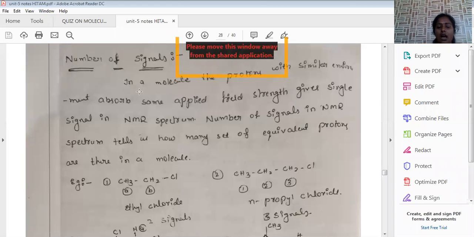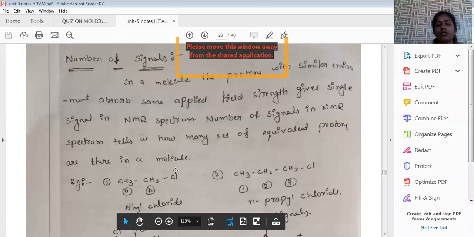Now let us see how we can get the signals in NMR spectroscopy. NMR spectroscopy mainly gives signals for equivalent sets of protons, not for the number of protons present in the compound. So equivalent sets of protons will give the signals, but not the number of hydrogens present in the compound.